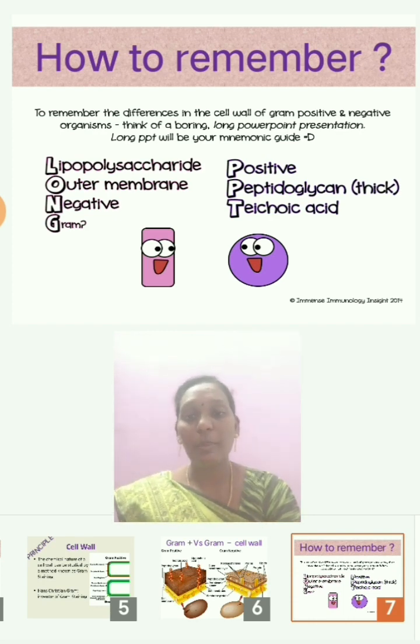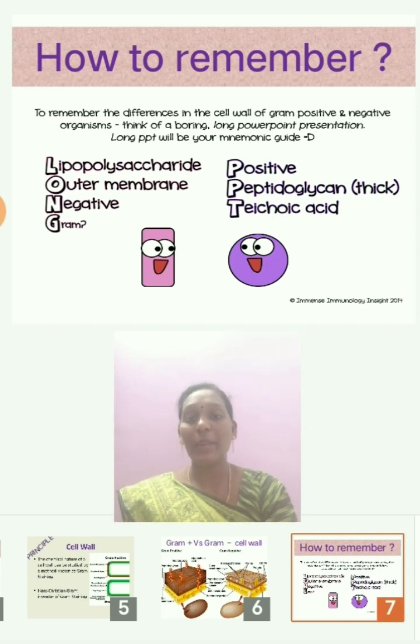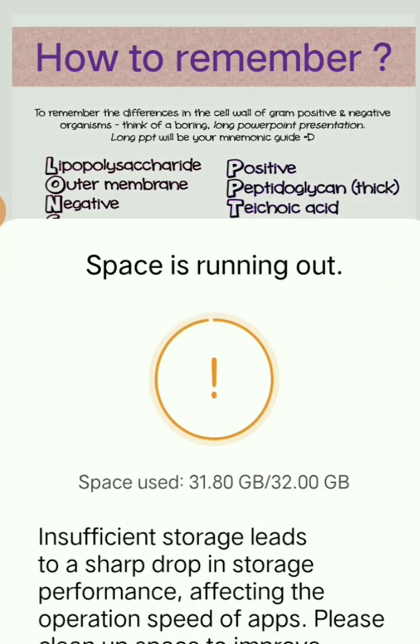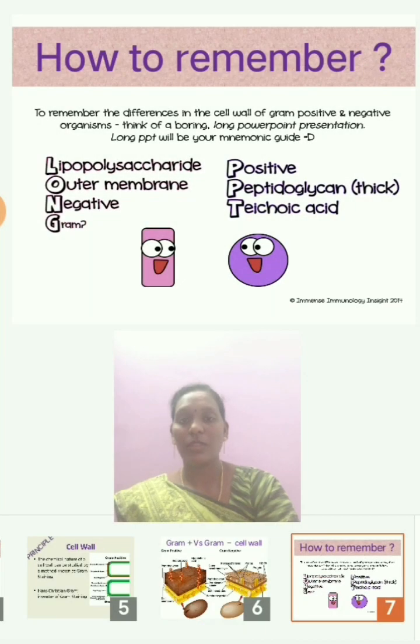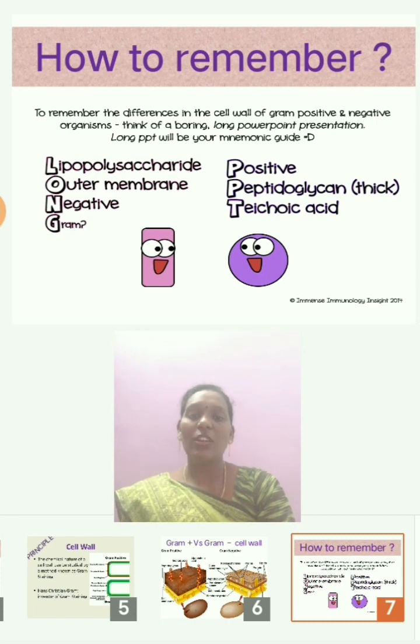You can remember easily with the help of a mnemonic called LONG PPT. You think of a very long PPT which will be really a boring thing, right? So you remember the mnemonic LONG PPT.